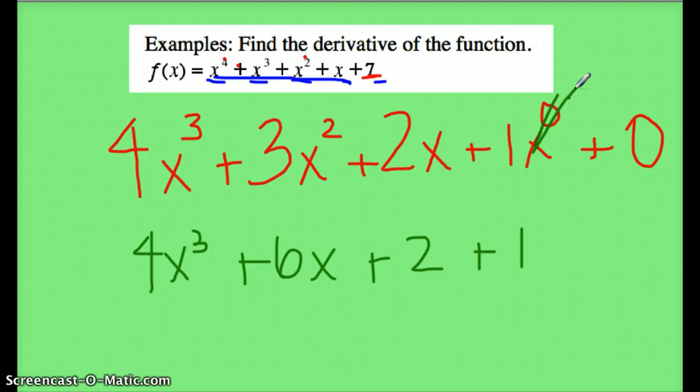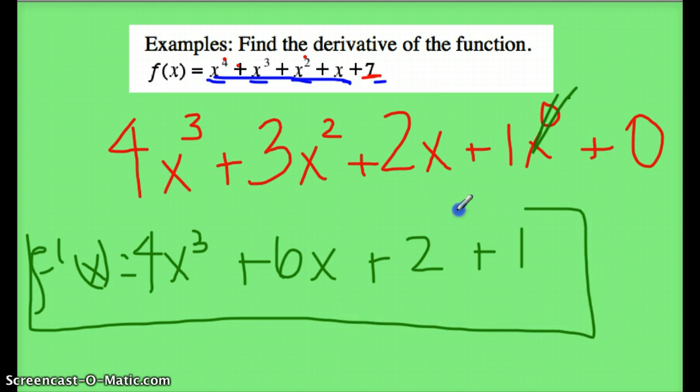And this right here is my derivative, f prime of x, which is equal to 4x cubed plus 6x plus, 2x, sorry, 2x plus 1.